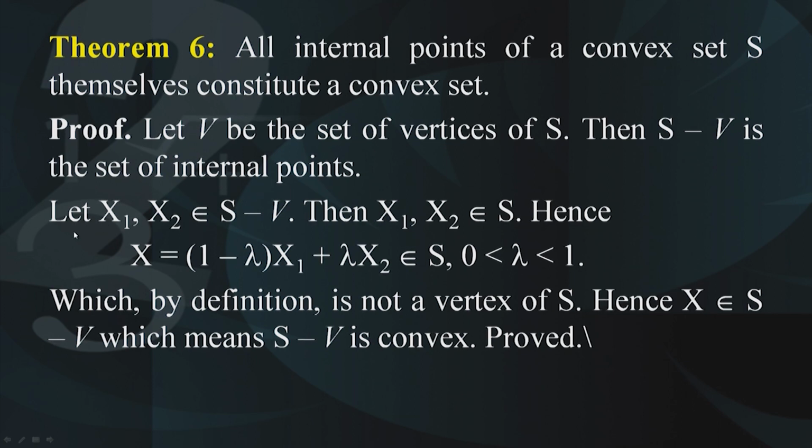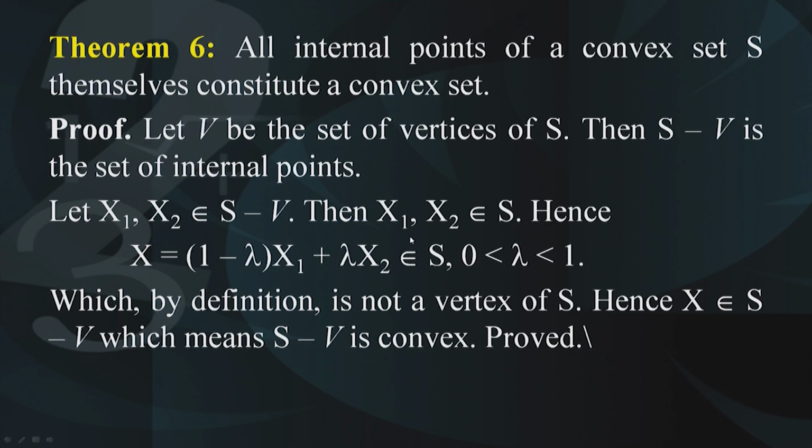Therefore, let us take any 2 points x1 and x2 belonging to the set S minus V. We will show that their convex linear combination also belongs to the set S minus V.